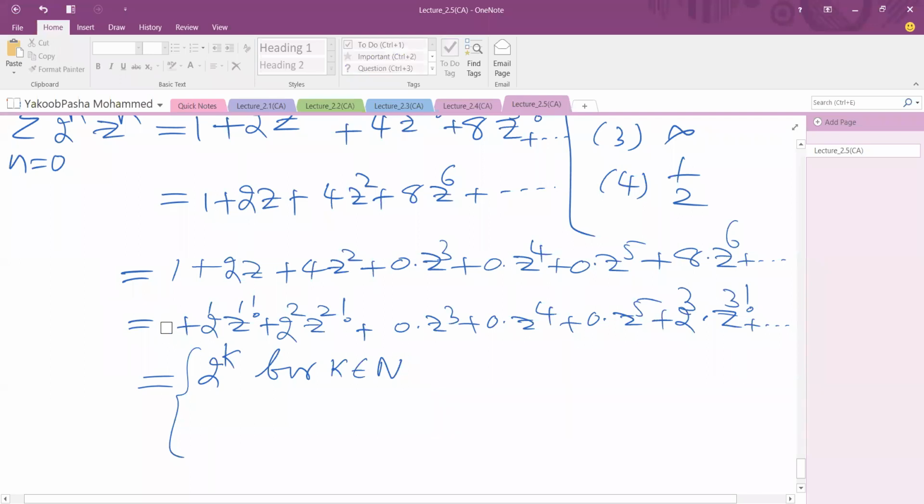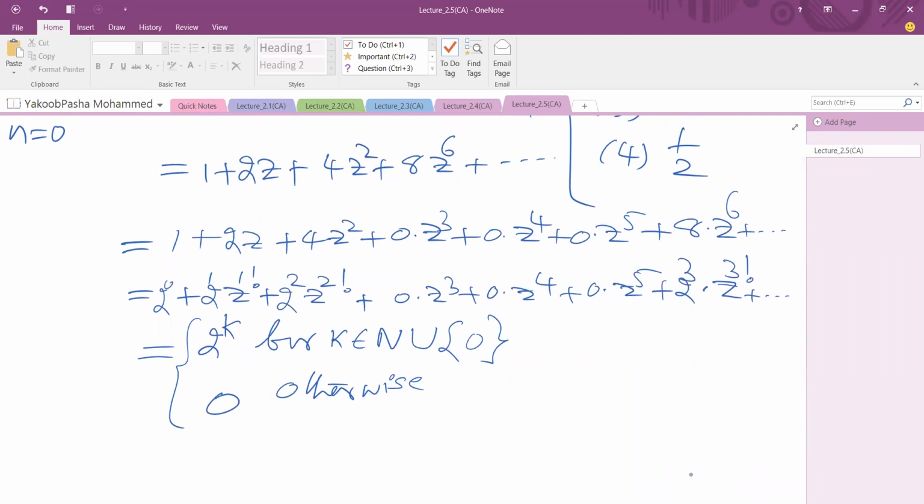But here the factorial will not be there. Okay, we can write 2 power 0, but we cannot write the z power 0 factorial, since that would again give z, and there is no z. So we take the union with the singleton set 0. That is, for k belongs to the union of the set of natural numbers and 0, that is whole numbers. And in the other cases it is 0, so it is equal to 0 otherwise.